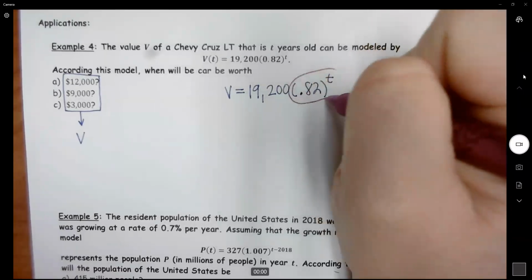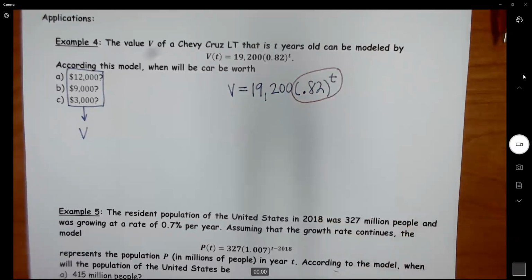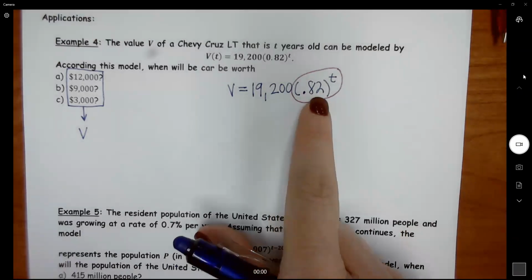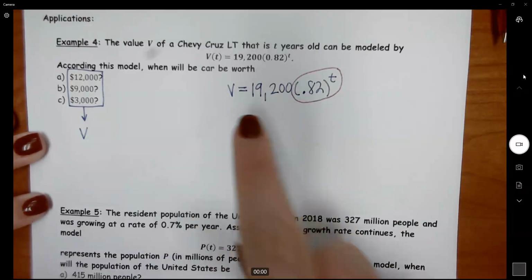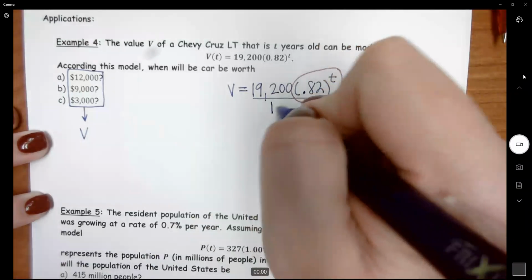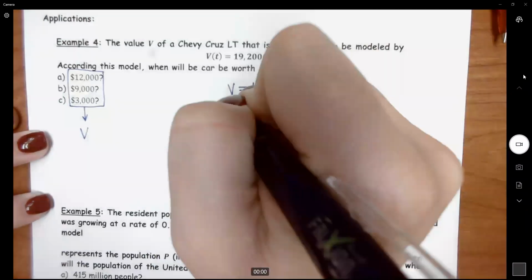This is my exponential term. So before I can do anything with this, I need to move this over by dividing. So we'll divide both sides by 19,200.